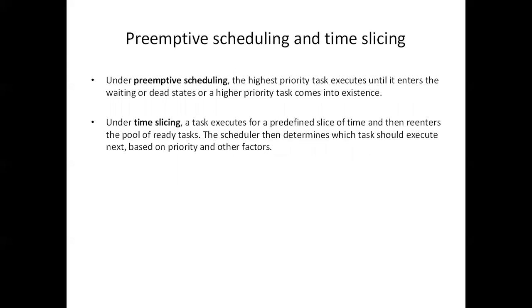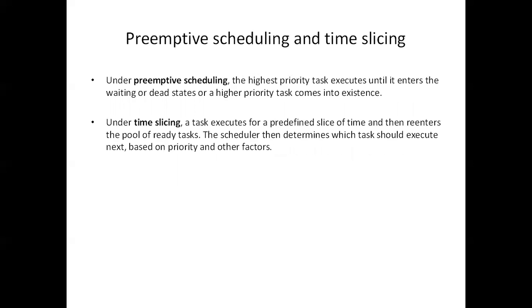Now, what is preemptive scheduling and time slicing scheduling? In preemptive scheduling, the highest priority task executes until it enters the waiting or dead state, or a higher priority task comes into existence.